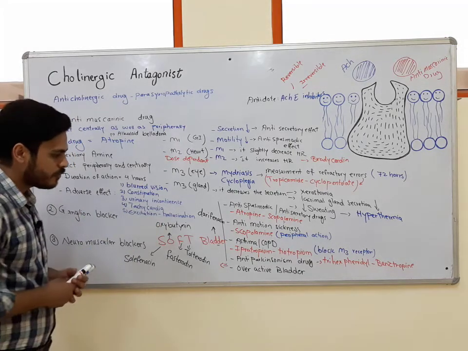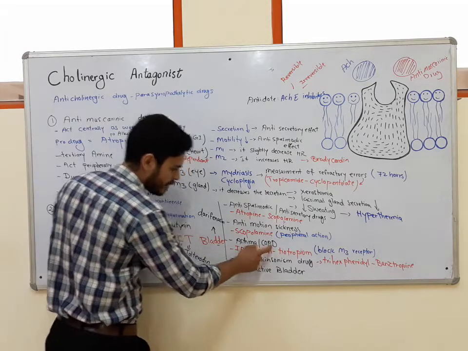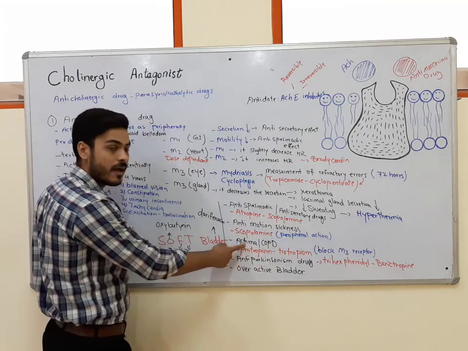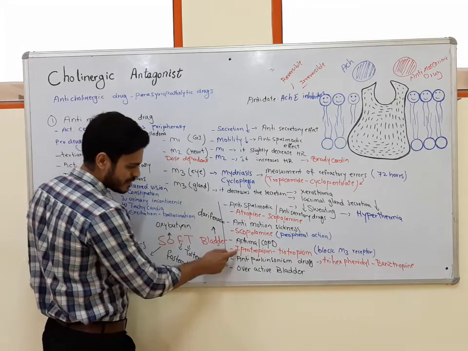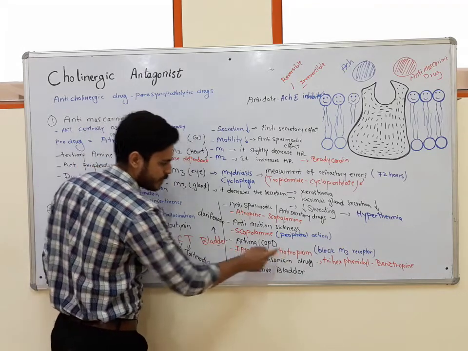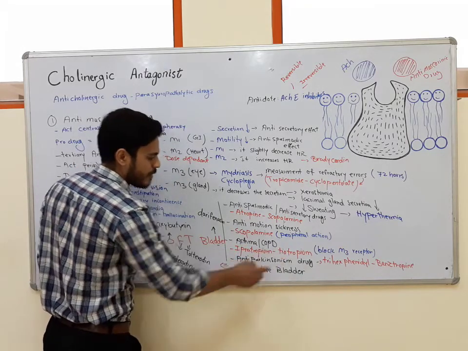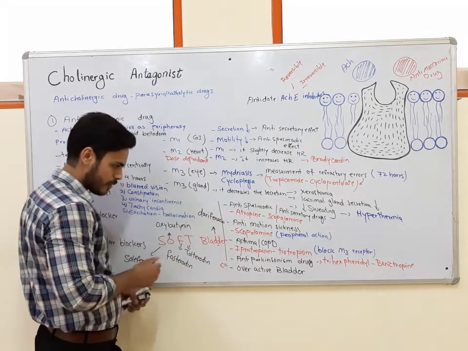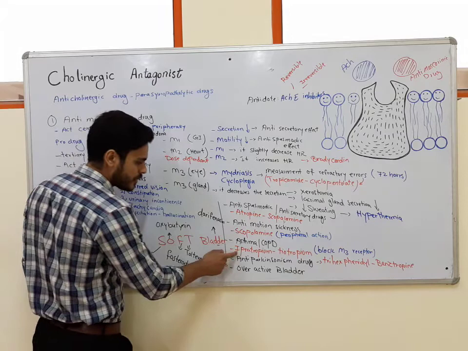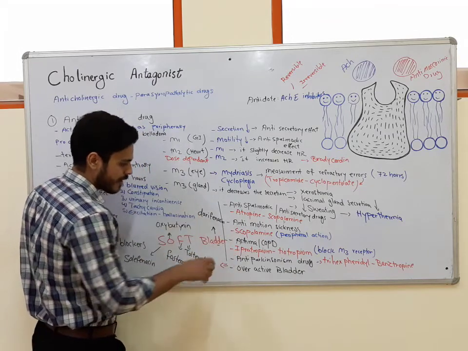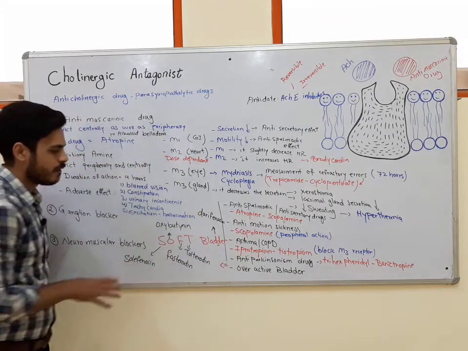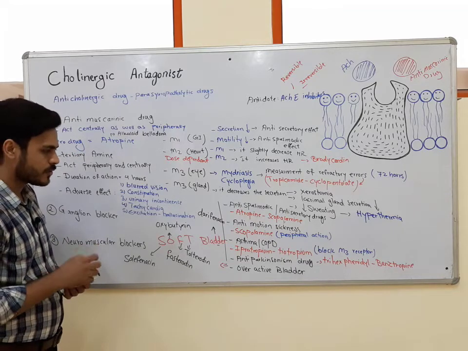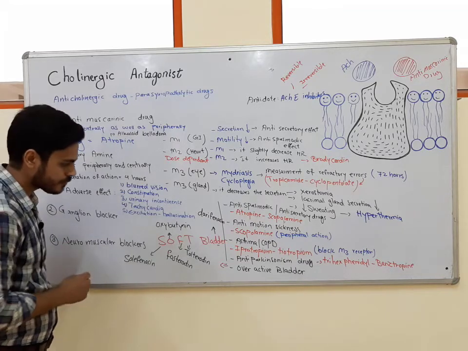So they are approved for treatment of COPD as well as for treatment of acute attack of asthma. The difference between ipratropium and tiotropium is that tiotropium has long duration of action, so we can use this tiotropium once a day, but ipratropium has a short duration of action. We have to give this drug 4 times a day. This was about ipratropium and tiotropium.